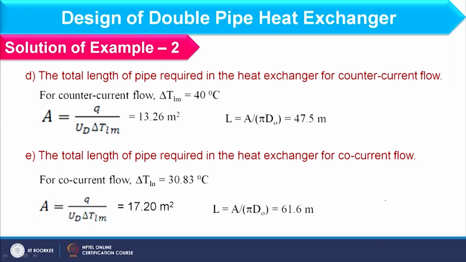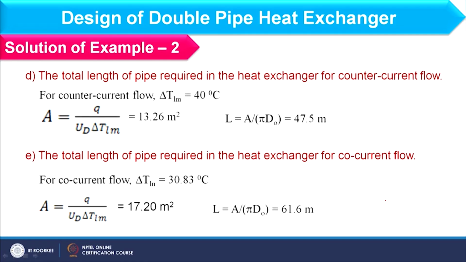So, next we have to find out the total length of the pipe which is required in a heat exchanger for counter current flow, and that you can simply find out considering the heat duty, overall heat transfer coefficient and delta T Lm value. Okay.